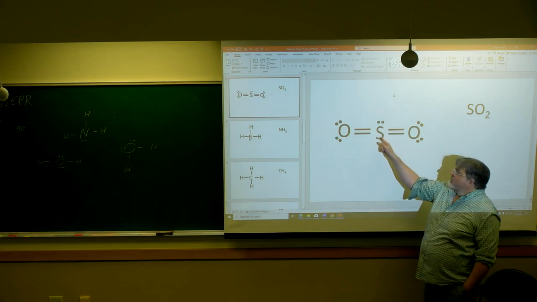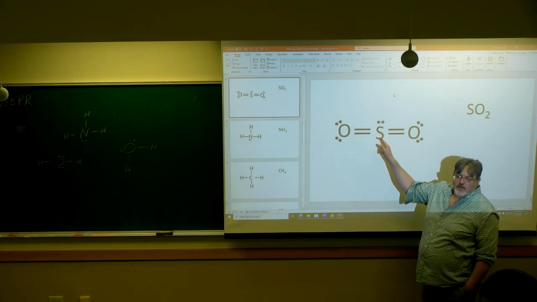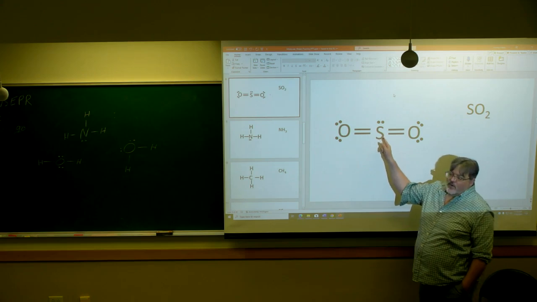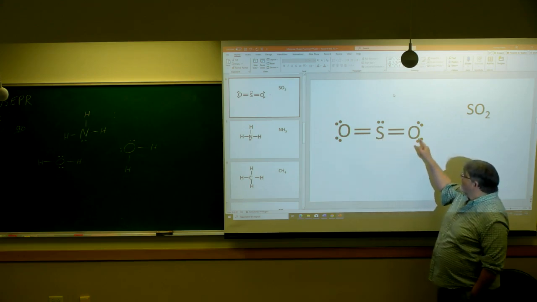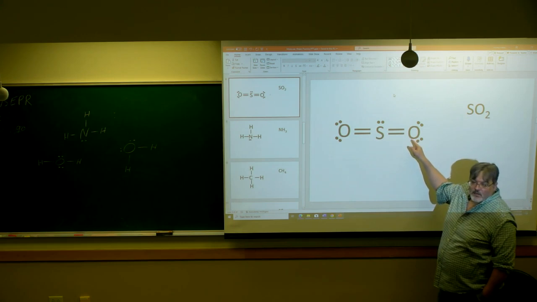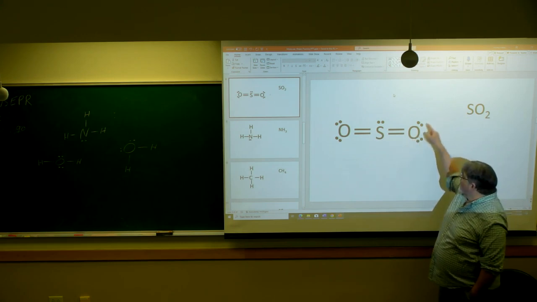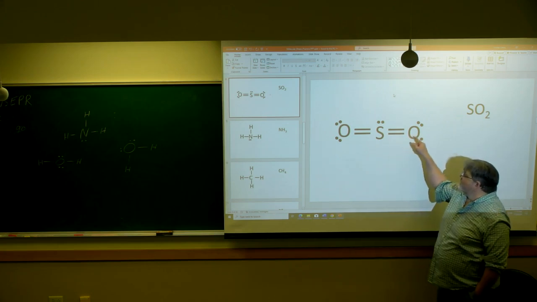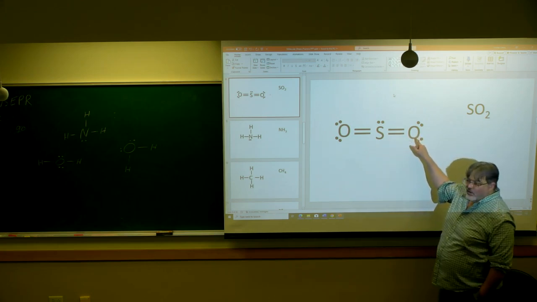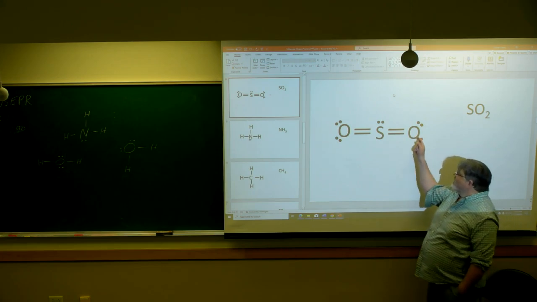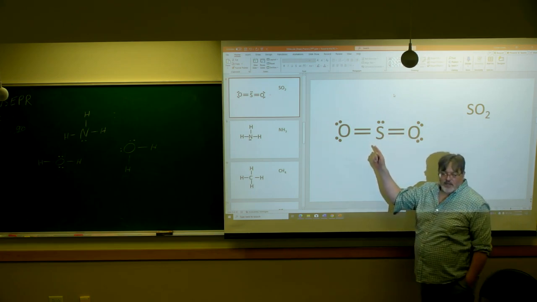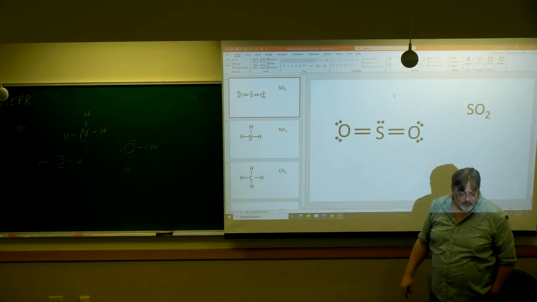But that was for the sulfur, and since the sulfur is the central atom in this particular molecule, you can say the whole molecule has that shape. But I could point here and say, what's the shape here? 1, 2, 3. So you could say that this is trigonal planar 2. But if there's only one atom connected to it, it's necessarily going to be linear once you consider the molecular shape.